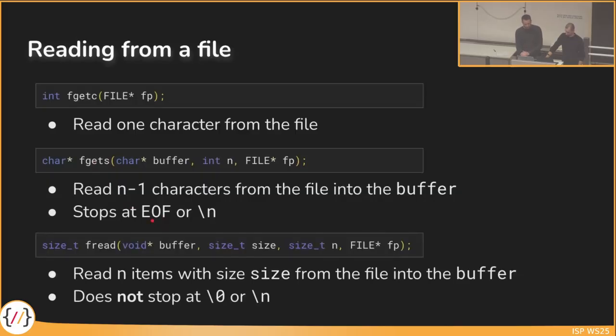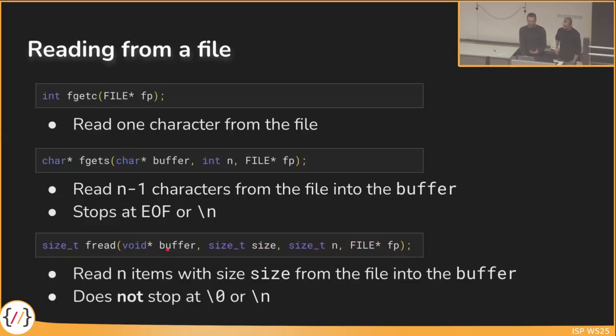And the third function is fread, where we have to pass again a buffer, a size, n, and a file pointer. And this fread reads n items with the given size from the passed file into my buffer.